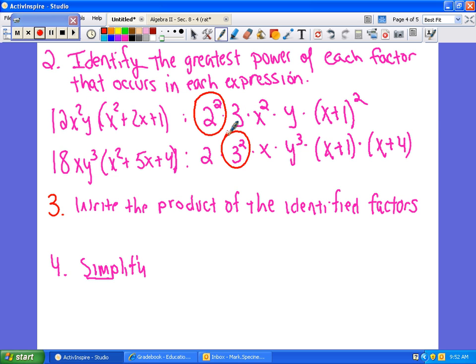For the x's, it's x squared. For the y's, it's y to the third. For the factor x plus 1, and this is why we wrote it as x plus 1 squared. And then finally, x plus 4. There is no factor x plus 4 on the top, so it's our greatest factor. Okay, so that is step number 2.